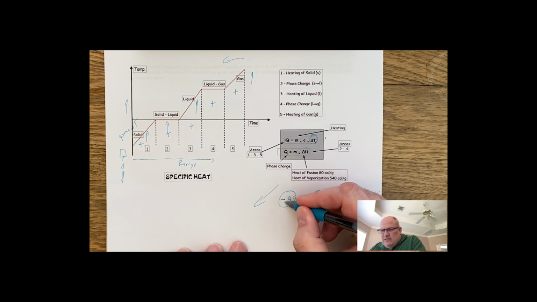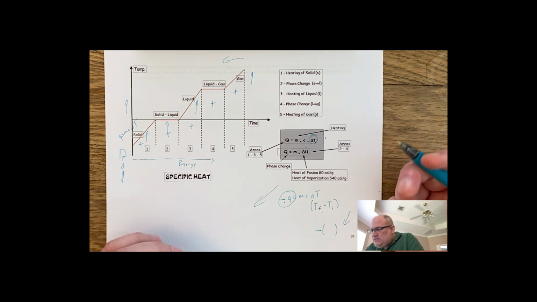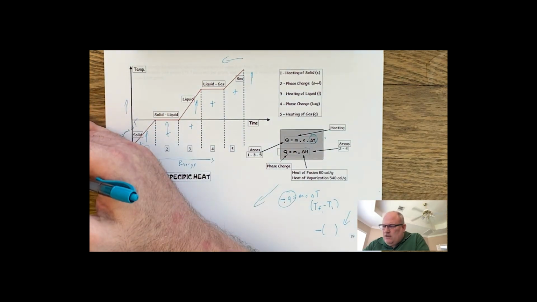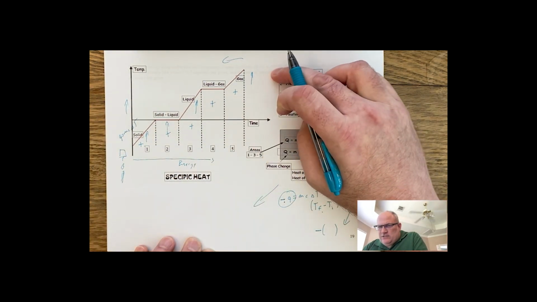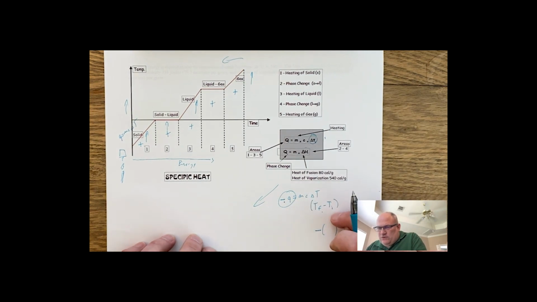Negative signs mean that you're releasing energy, and positive signs mean that you're taking in energy. So you have to kind of assume this: whenever you're going one direction on a graph, all of the signs are going to be the same for your Q, regardless of whether you have positives or negatives when you're doing your math.